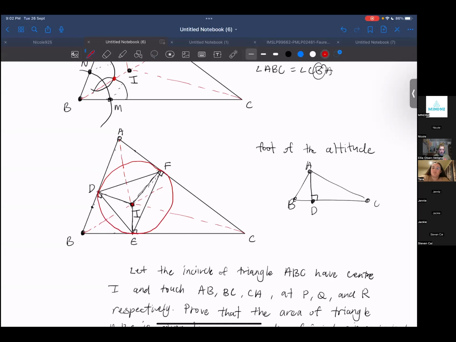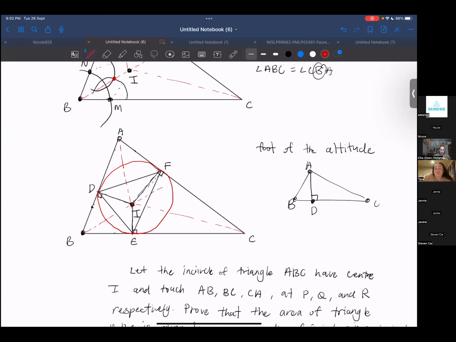Okay, so now this is my circle, and that's the circumcircle of the smaller triangle, DEF. And this is what we call the incircle, because the circle is inside the triangle. So is that how we show it's true? No, this isn't how we prove that it's true, but this is an important property.